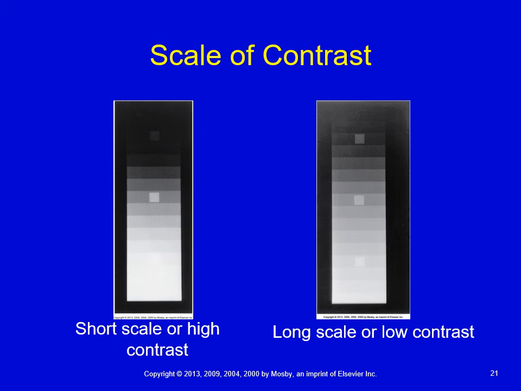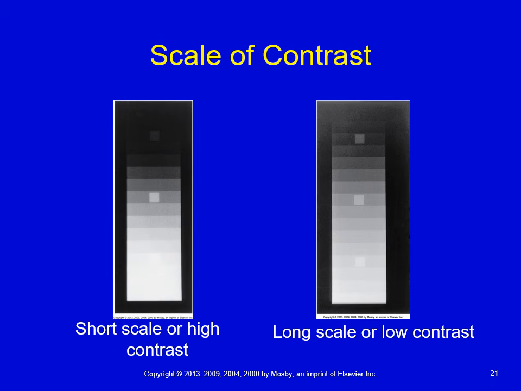The differences between the shades are very noticeable, and it looks more black and white with fewer shades of gray in between. Short scale contrast typically is going to be associated with lower kVps. We commonly think about those exams where we can see the obvious differences in the structure, so we're talking about bone work here.